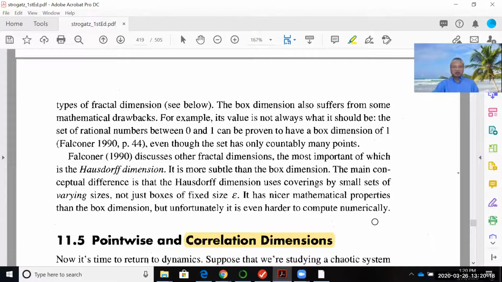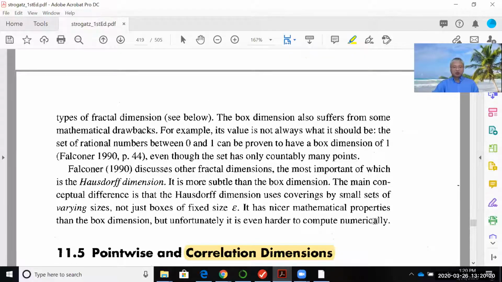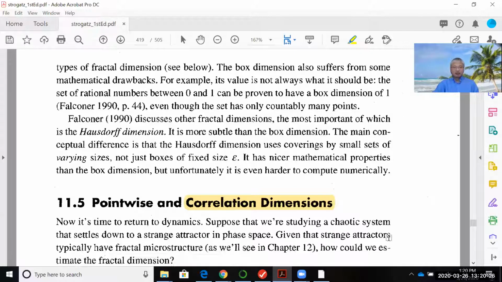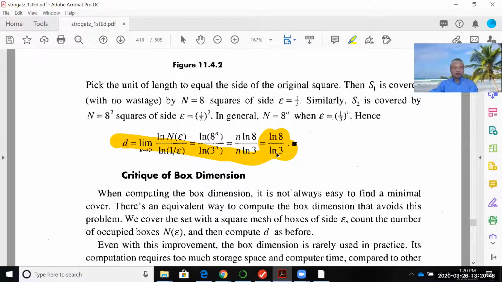Because when you go to smaller scales, how do you know exactly how many boxes? If you don't know the rule, it's hard, like the chaotic region of the logistic map or the chaotic attractor of the Lorenz map. We don't know exactly what the underlying rule is, how it gets generated, right? So it's difficult to calculate in practice, even though intuitively it's easy to see.